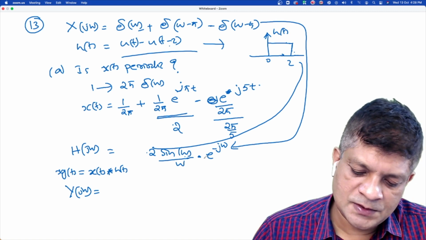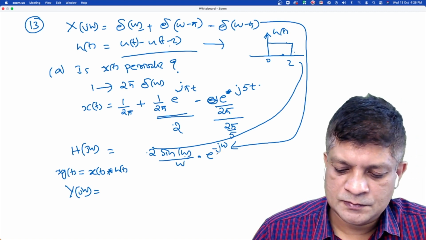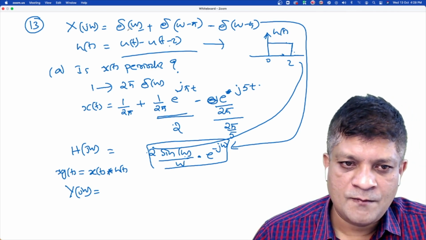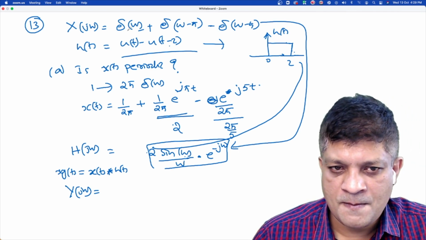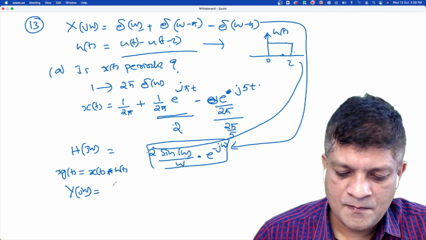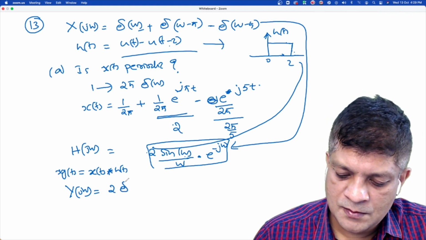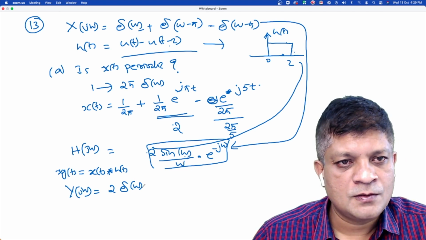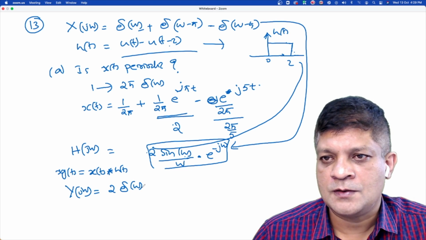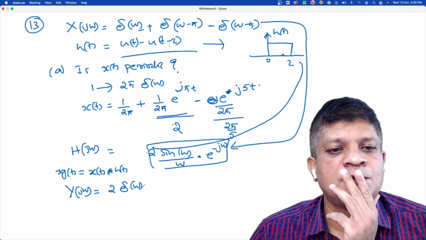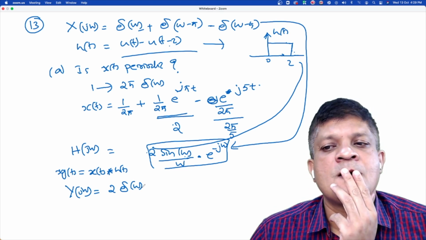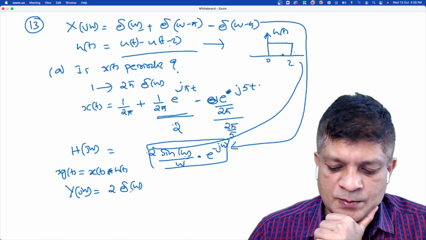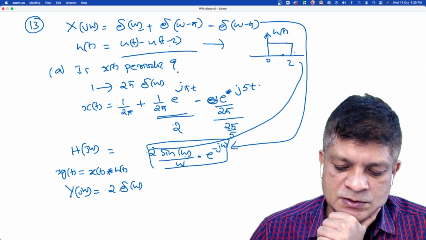What about the first term? When you multiply this with delta(omega), what is the resulting signal? It is 2 into delta(omega), because this is non-zero only at omega equal to 0, where the value of this function is 2.